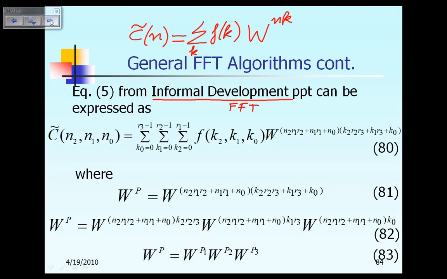Basically, we make use of that same equation. The only thing different is the small index n, which you now express in terms of the 3 indices n2, n1, n0. And keep in mind the relationship between the small index n and n0, n1, n2 is given in the previous slide.